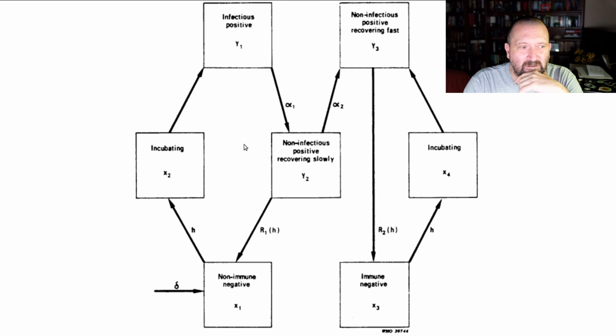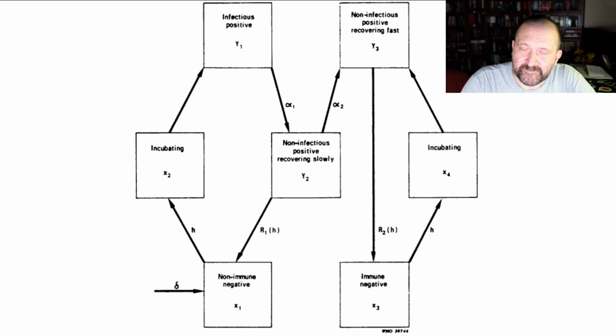So they have a quite classic, but not too simple, description of the different stages of people infected with malaria. So they have non-immune negative, incubating, infectious positive, non-infectious positive, then that can go back into this loop, or the non-infectious positive can become non-infectious positive recovering fast, and then they are immune negative and so on.